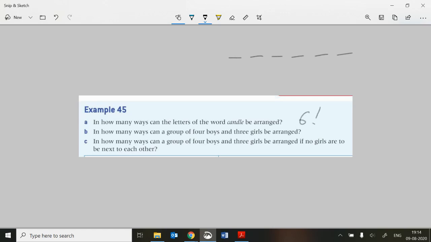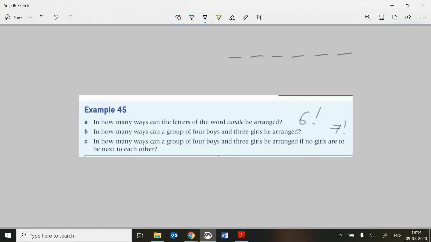Nothing hard there. For the next one, it says, in how many ways can a group of 4 boys and 3 girls be rearranged? Well, we've essentially got 7 students there, and there's no conditions on those boys and girls, so they can be arranged in 7 factorial ways. They're all different boys and girls.